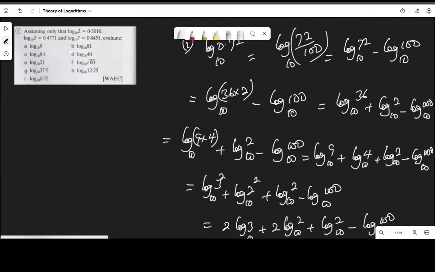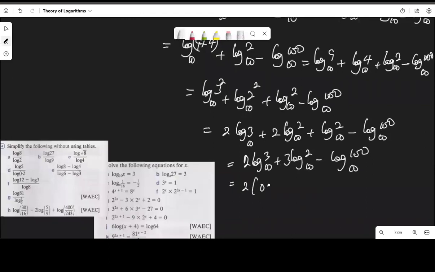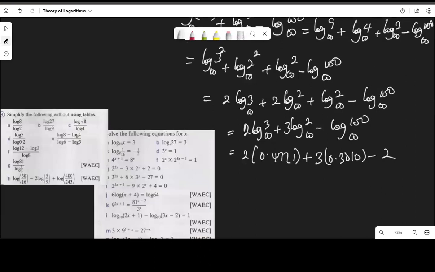And what is log 3 to base 10? 0.4771. So 2 times 0.4771 plus 3 times 0.3010 minus log 100 to base 10, which is 2. 2 times 0.4771 is 0.9542. 0.9542 plus 0.9030 minus 2 is minus 0.1428.